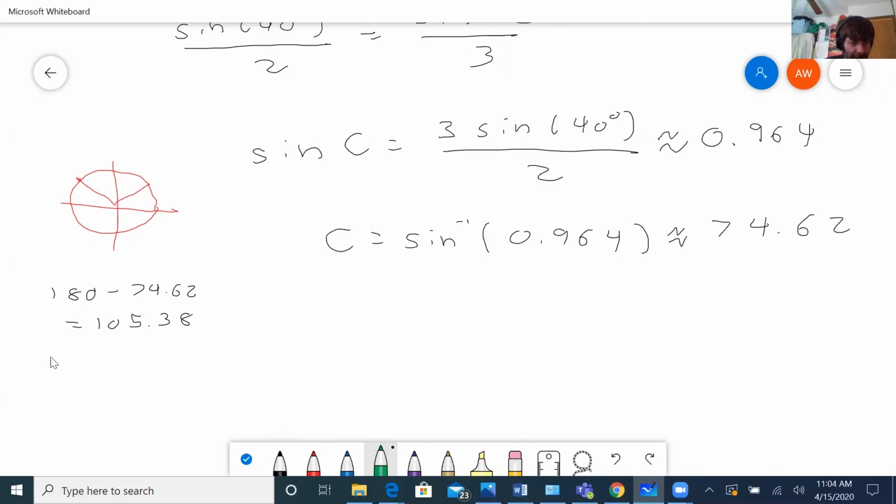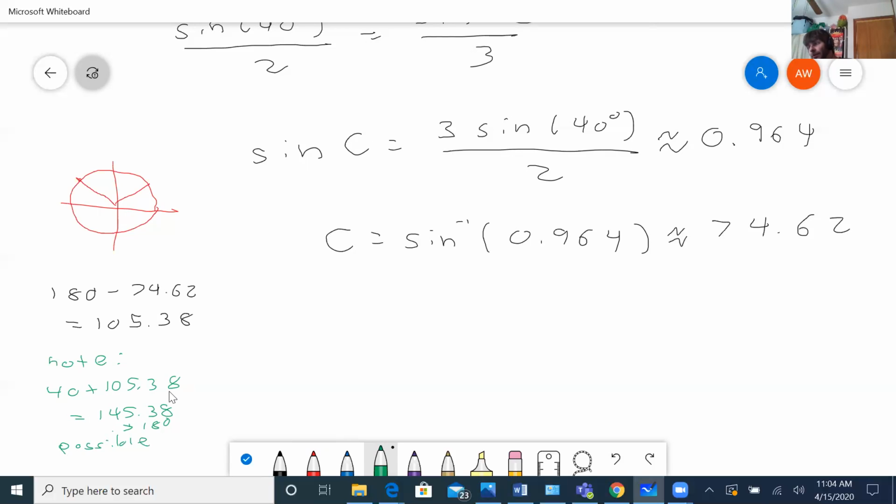And I'm also going to go ahead and note that if I did 40, the other angle, plus 105.38, I get 145.38. So that's less than 180. So yes, this is possible.